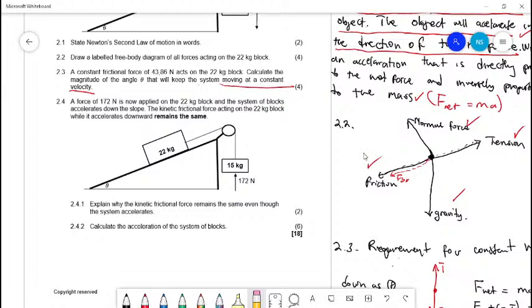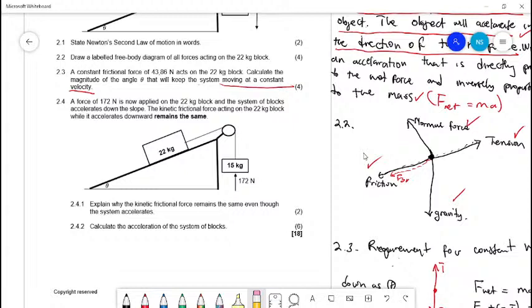Remember, this system was not accelerating, it was just moving at a constant velocity. Now a force is applied, and these things start to accelerate down the slope. The 22 kg block is the one that is accelerating down the slope, obviously.